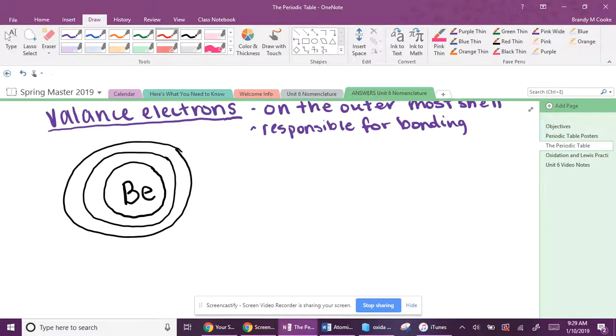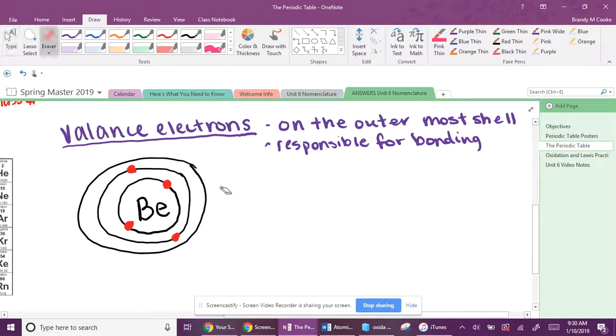So if beryllium has 4, I'm going to start filling out my shells. I have 1, 2. Now, if you remember from your past, the very first shell is full after 2 electrons. So we can only fit 2 electrons. Once it's full, we have to move on to the next one. So I have 2 on my first shell. Then I'm going to put 1, 2 here. 2 plus 2 is 4.